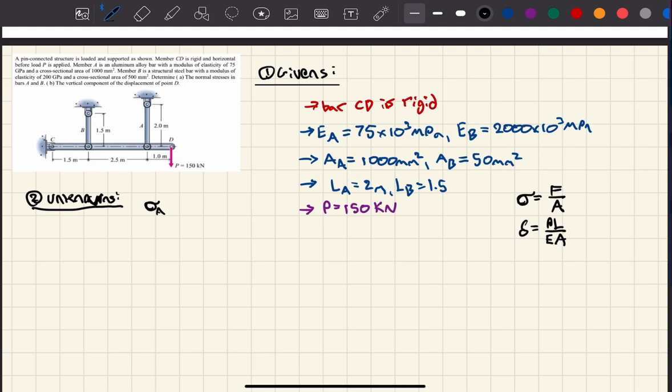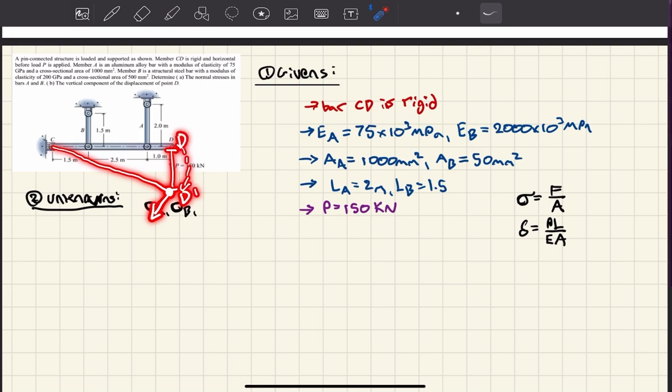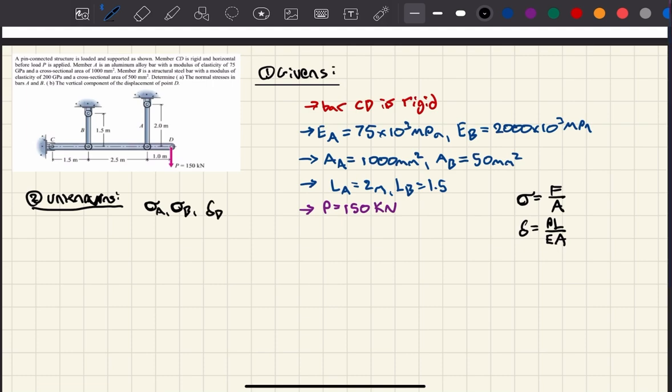We also want to find the vertical displacement of point D. Remember what we said: once this bar is deformed, let's say, in a huge exaggeration, it comes all the way down here due to this force P and rotates like this. I want to find this vertical displacement from D to D prime, which we'll call delta D. But that will be later, once we finish the stresses.